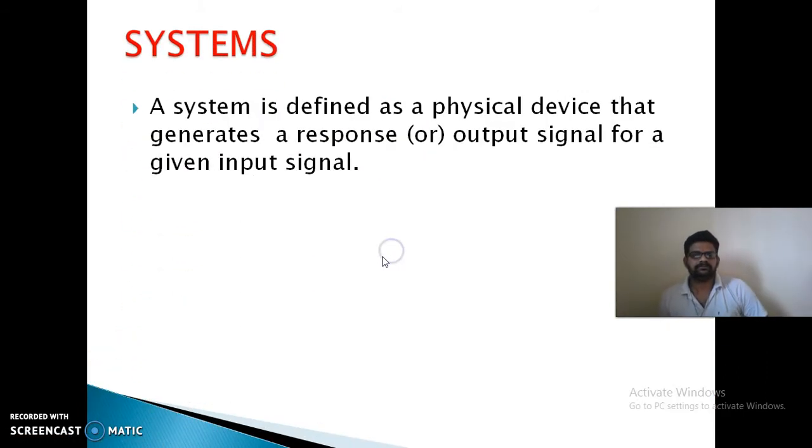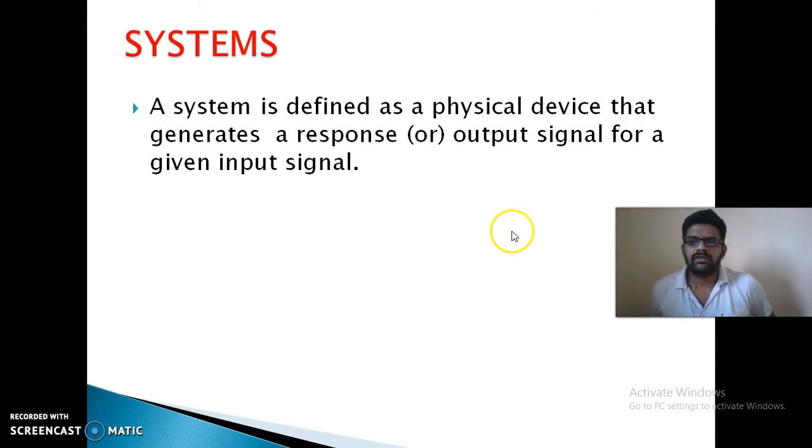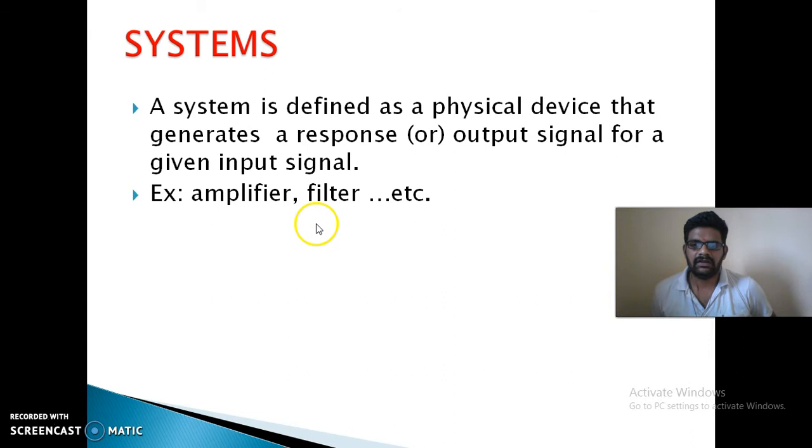The system is defined as a physical device that generates some response by taking inputs. The response is also known as output, and the input is also known as excitation. Examples are amplifiers, filters, television set, tube light, fan, whatever thing, including the education system.